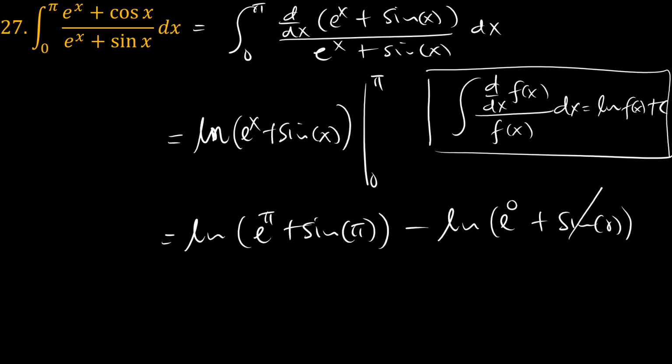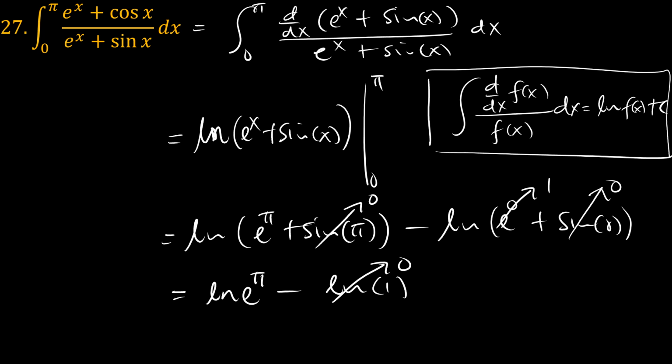So this goes to 0, this goes to 1, this goes to 0, right? So we have ln of e to the pi minus ln of 1, this goes to 0, and so this becomes pi ln of e, and ln of e is 1, so the answer is pi.